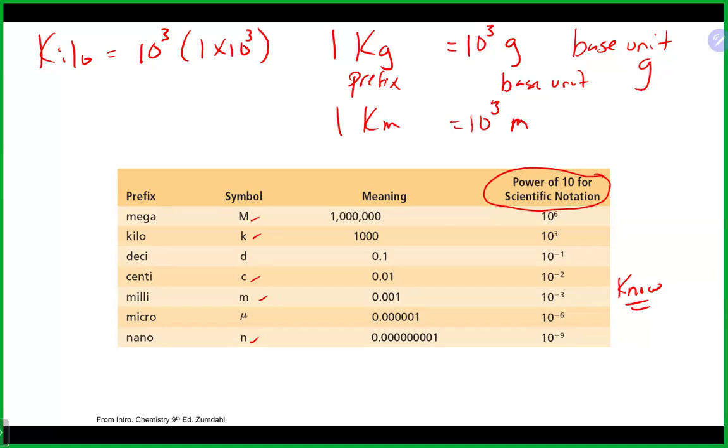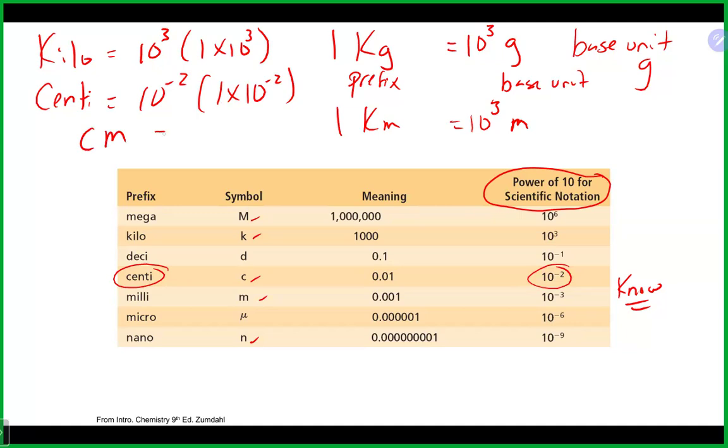If you looked at something like centi, which is 10 to the minus 2, that, by the way, is 1 times 10 to the minus 2 in scientific notation. It would work the same way if I had a centimeter and a meter. In one of the prefix units, there would be 10 to the minus 2 meters associated with it.